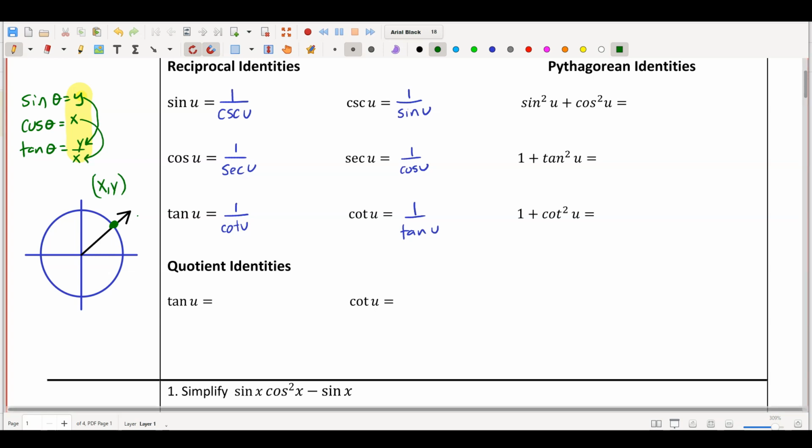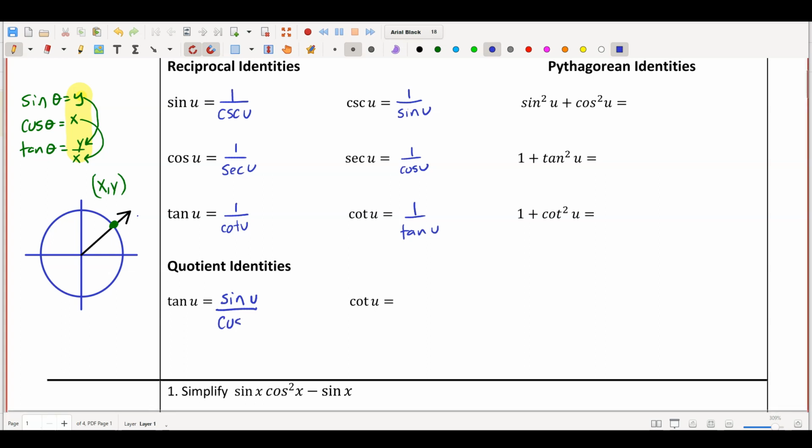So that's all the quotient property is saying. We're looking at the unit circle and making more conclusions and taking next steps to what these identities are. So the tangent of an angle, we could say, is the same thing as the sine of u. Again, we're just using u here. It could be theta, it could be x, it doesn't matter what that variable is, divided by the cosine.